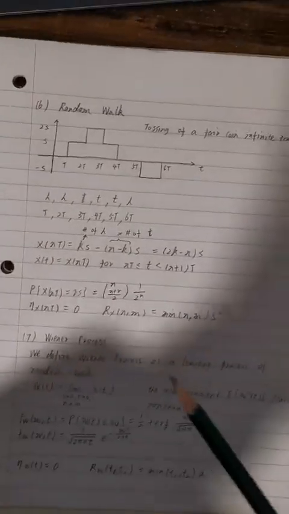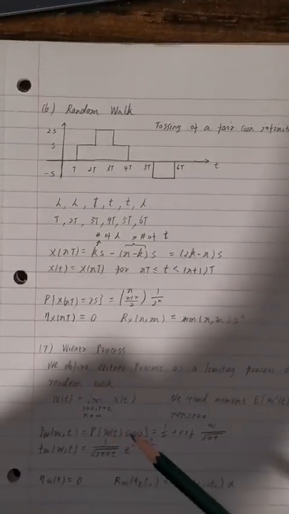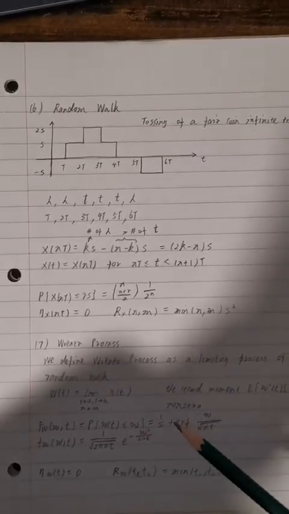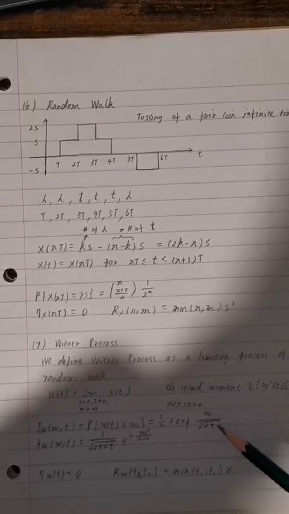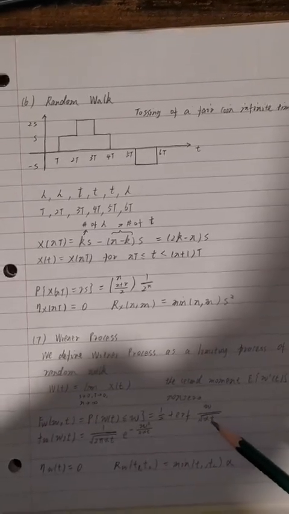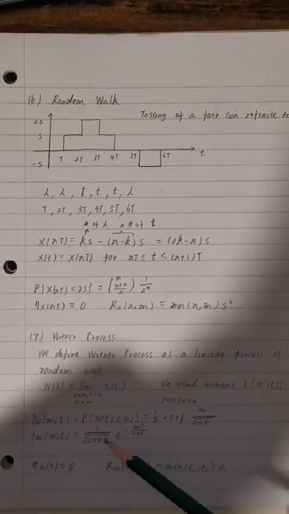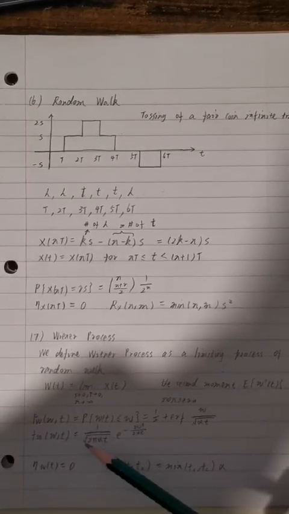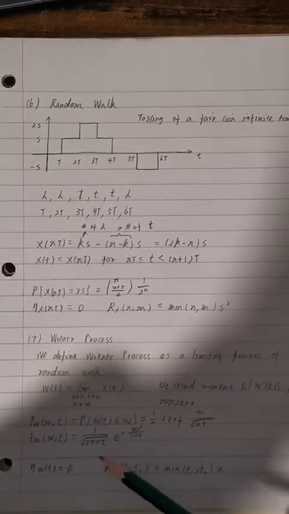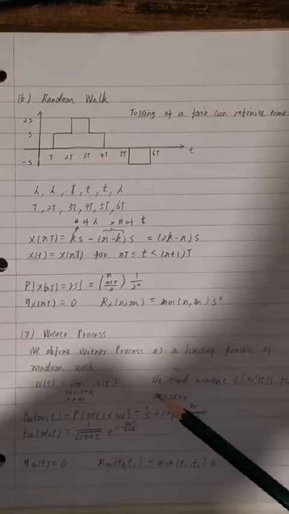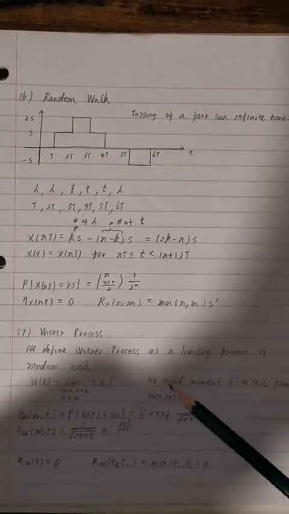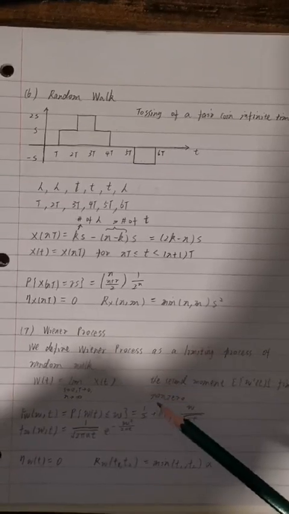The density of it, F_W(t), equals 1/2 plus erf(w divided by root of alpha t). f_W(t) equals 1 divided by root 2 pi alpha t times e to the power of negative w squared divided by 2 alpha t.